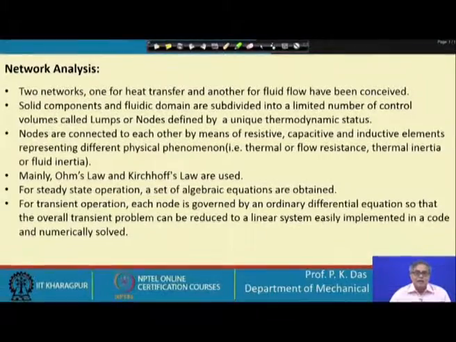We will have a set of algebraic equations, and if we want to do transient analysis, then each node will give us one ordinary differential equation. You can understand that this will be coupled ordinary differential equations, and then we have to solve them most probably through a numerical method. So, this is what is done in the analysis of your heat pipe through the network analysis method.